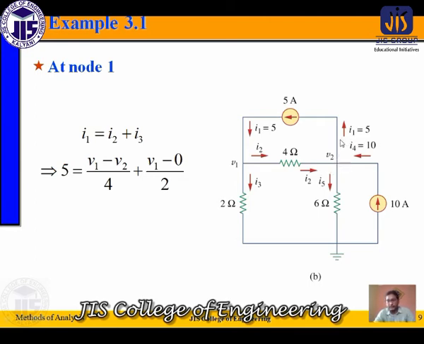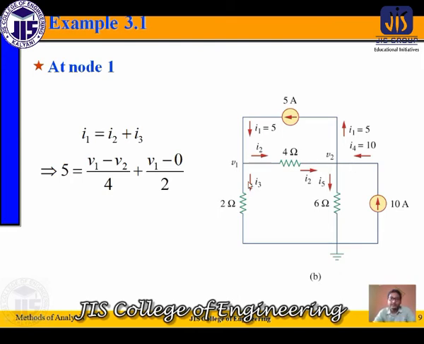Similarly this I5 current is coming out, and I4 current we have considered as going into the node V2. So we have already considered.